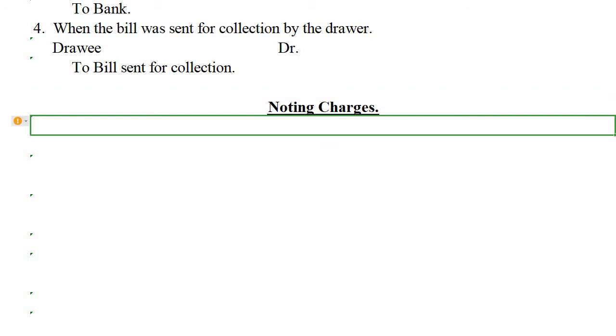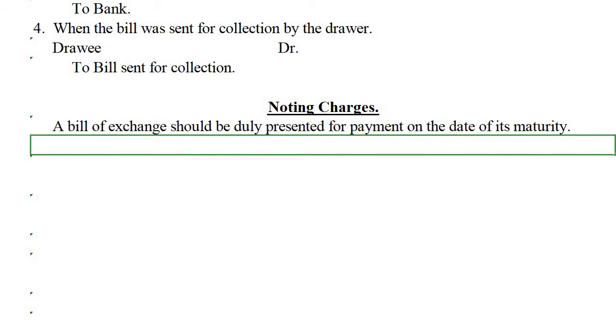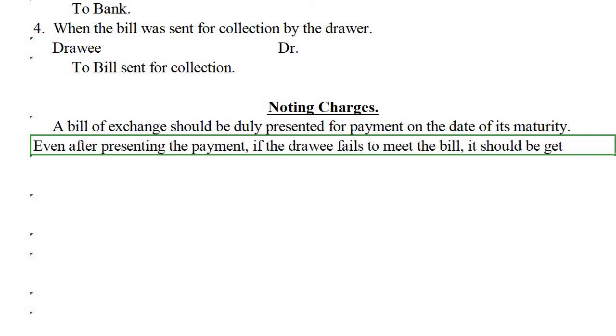So let us discuss what noting charges are. We know that a bill of exchange should be duly presented for payment on its maturity. On the date of maturity, we have to show this bill to whom? To the drawee for getting the payment. Even after presenting the bill for payment, if the drawee fails to meet the bill, if the drawee is unable to pay the bill amount, what is to be done?